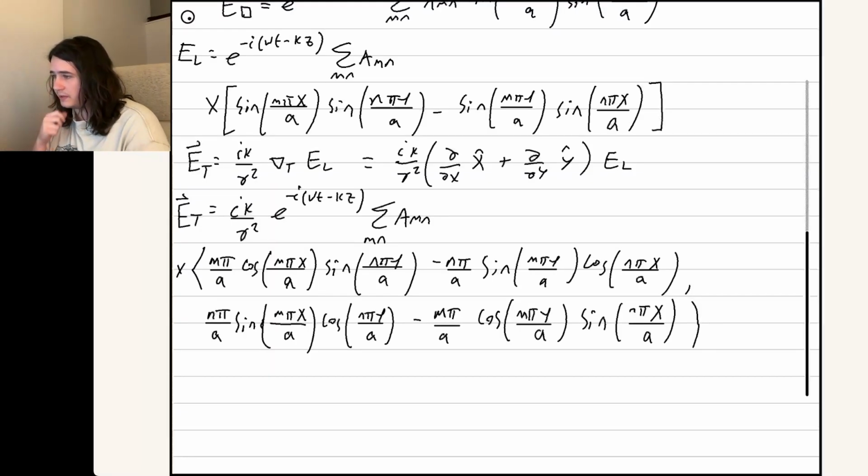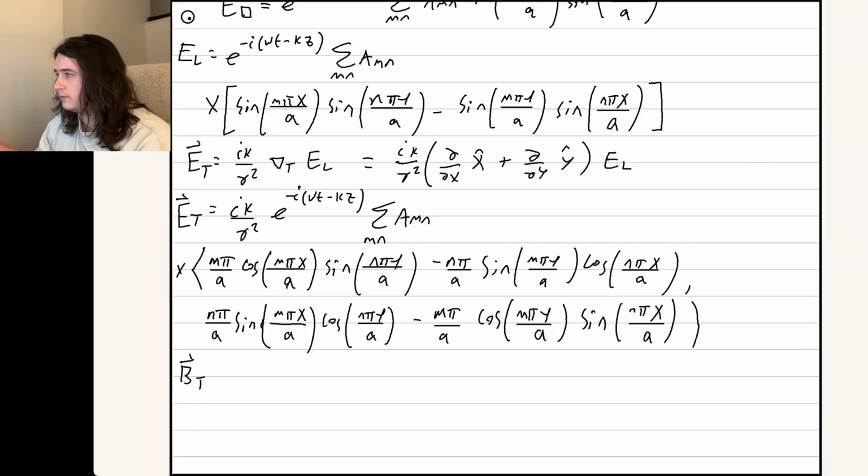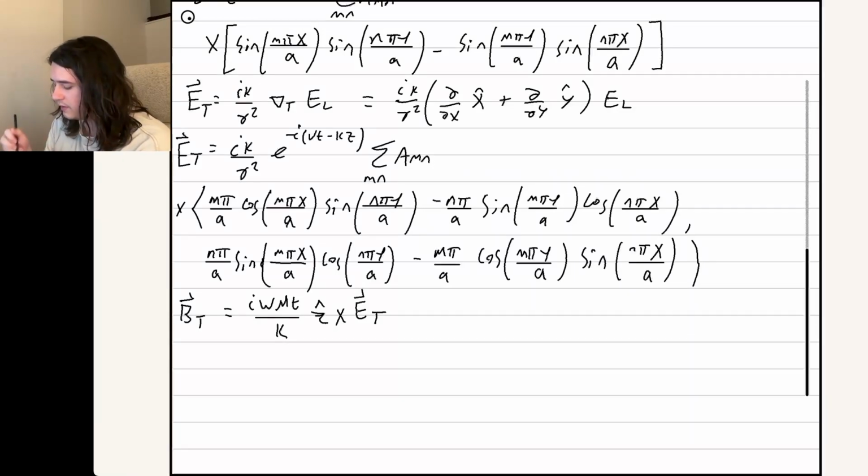Then your transverse magnetic field, as usual, is given by i omega mu t over k, and then you're taking the cross product of z hat with the transverse electric field. So that's going to change the constants out front, right?